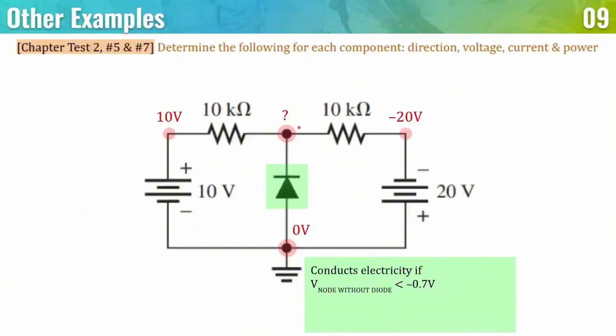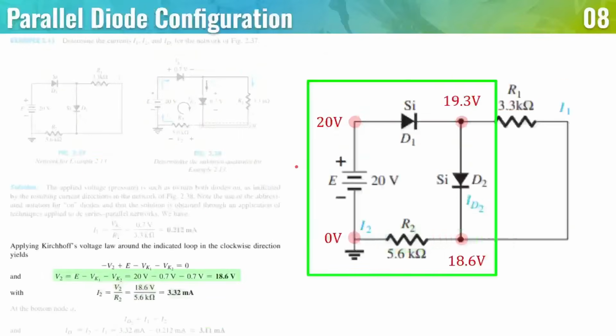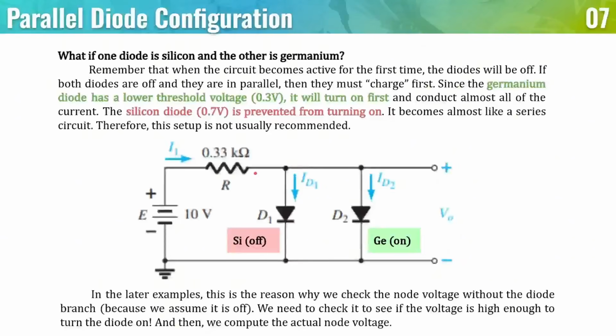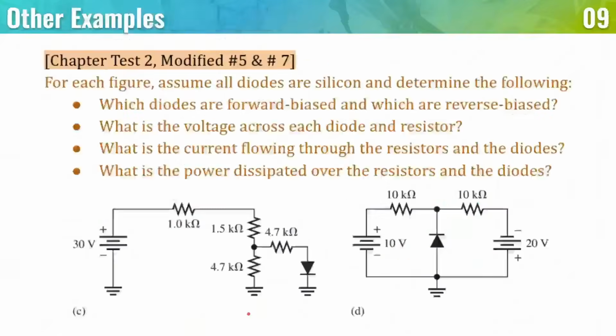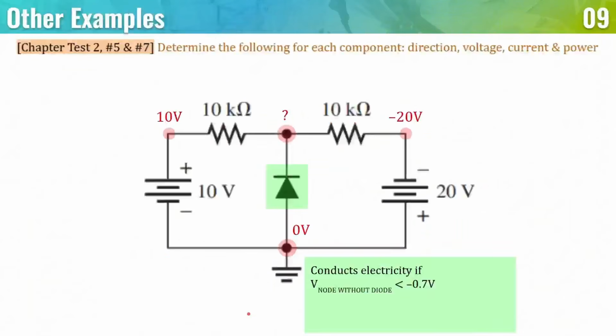But still, if this is on, then that means this one should be less than the value we specified. So first of all, remember our example earlier. It says here that we assume it is off at the start. So if this is off at the start, this is just going to flow in this direction.